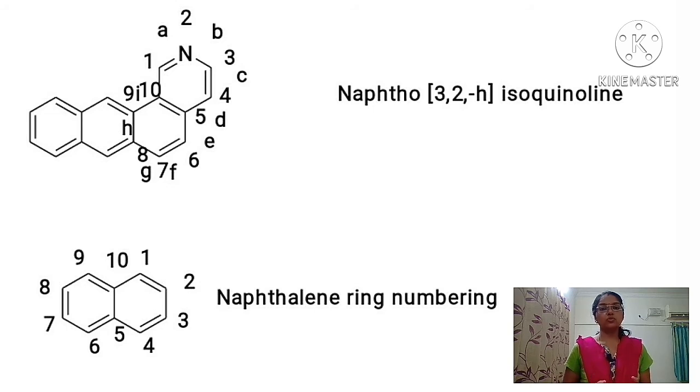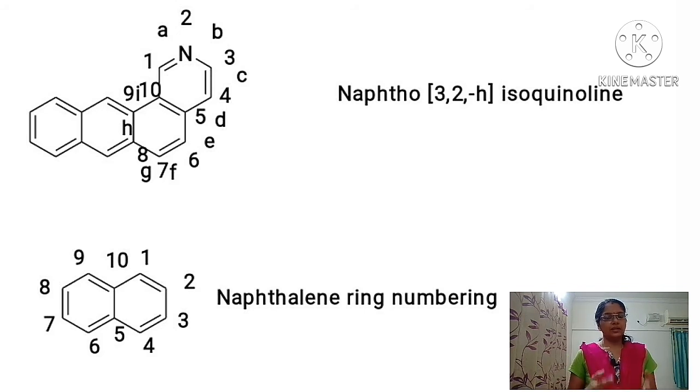After numbering the isoquinoline and lettering the peripheral sides of the parent compound, we have to find the fused face where the naphthalene is attached. We found that at the 8, 9 position, that is the h face, a naphthalene group is attached. Then we look at the naphthalene numbering, which can be numbered like this.